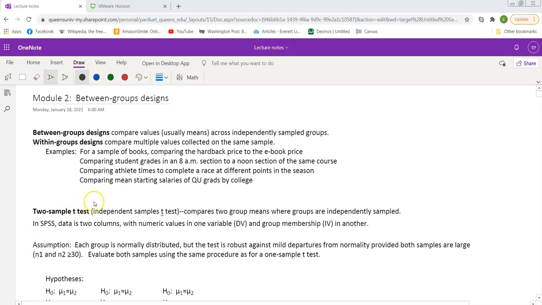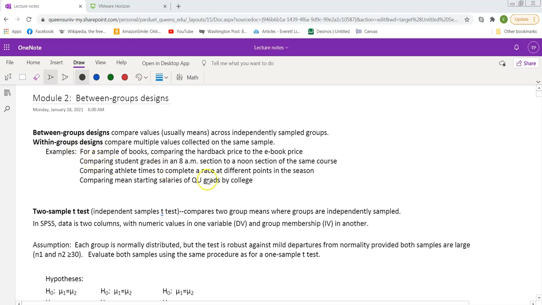The difference there is that in a within groups design, we're really looking at one sample with multiple values collected on the same individuals. Whereas with the between groups designs, we've got different groups, and we're comparing values across them.